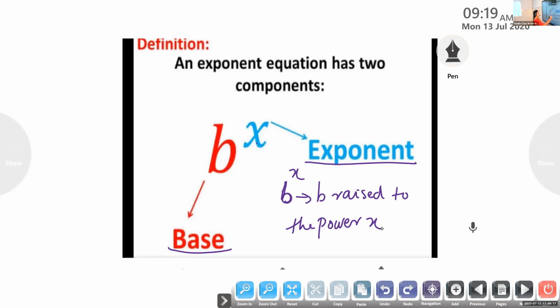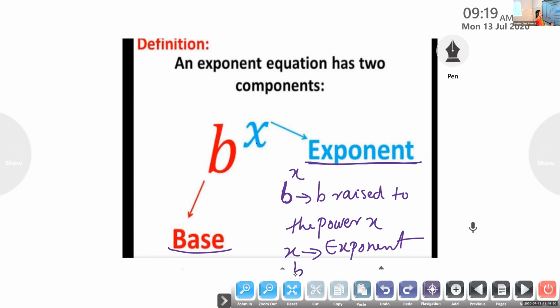Okay. B is raised to the power x. And x is called what? Exponent. X is called exponent. We are writing x as the power of b, but the name of x is the exponent.